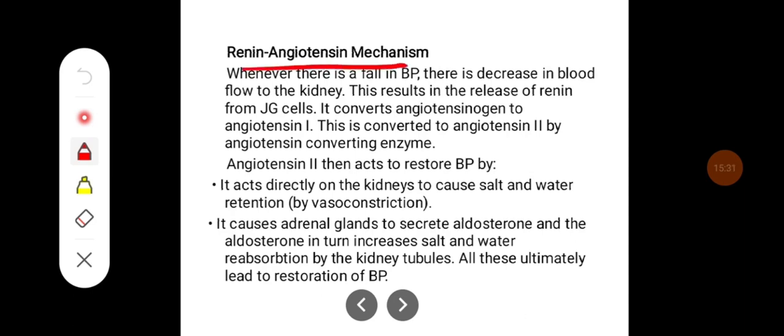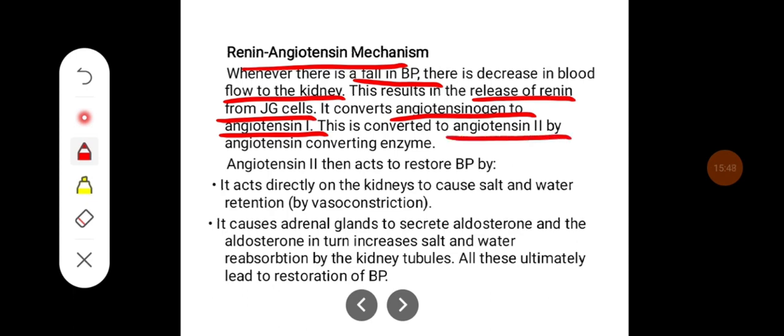Renin-angiotensin mechanism. Whenever there is a fall in blood pressure, there is a decrease in the blood flow to the kidney. This results in release of renin from juxtaglomerular cells. It converts angiotensinogen to angiotensin 1, and this is converted into angiotensin 2 by angiotensin converting enzyme in the lungs.